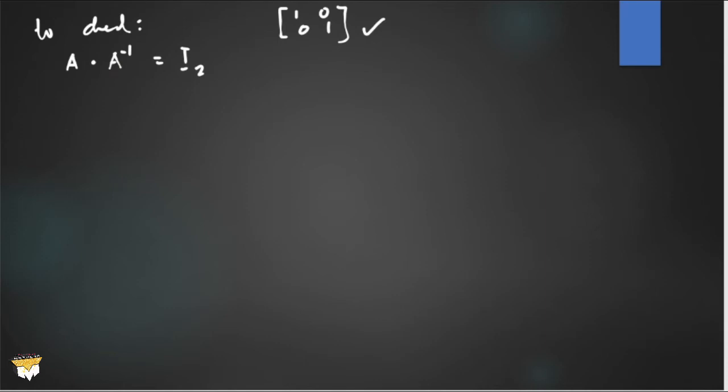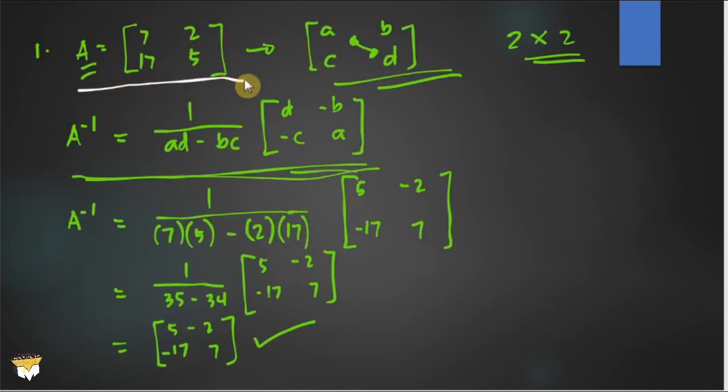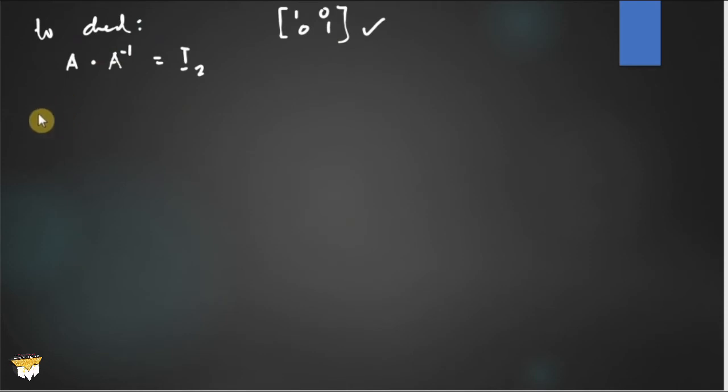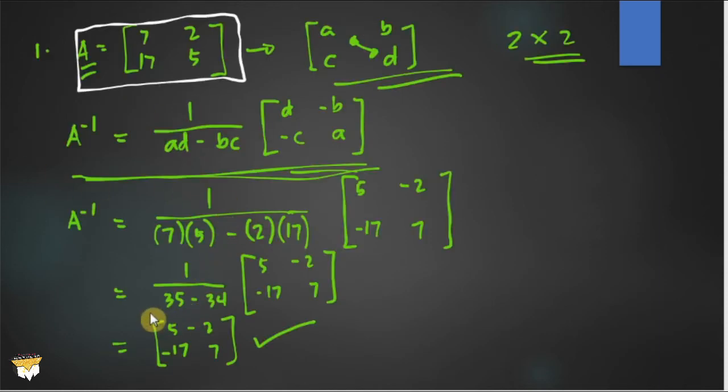So, tingnan natin, ano nga ba yung given natin? Balikan natin. We have the given matrix as 7, 2, 17, 5. So, sulat natin dito, we have 7, 2, 17, then 5. Okay, multiply this by its inverse na nakuha natin kanina. Ano yung inverse natin?